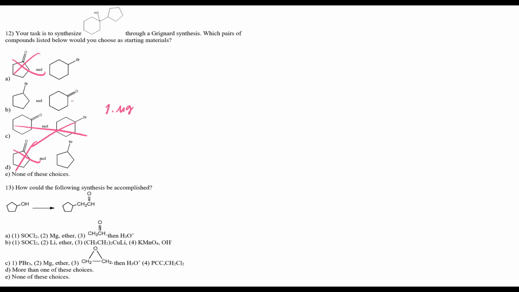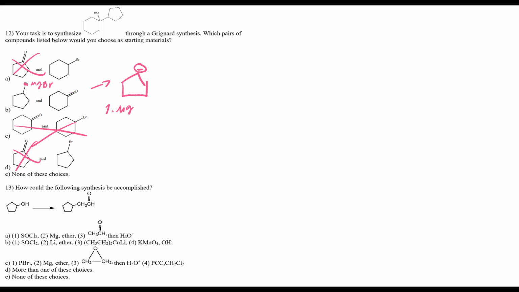Let's check it out. For my first step, I could treat the bromocyclopentane with magnesium to make a Grignard. So I could just have MgBr, and then I can ignore it and just make a negative cyclopentane. So this carbon right here is negative.